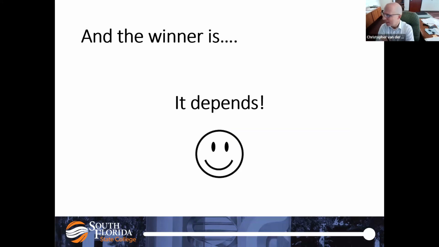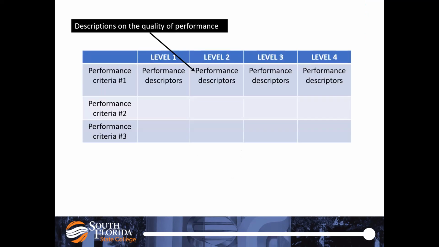But let me stop. Who uses one over the other? Does anyone here in particular use the holistic over the analytic, or a bit of both? I think it all depends. Chris, in medical assisting for their skills, their actual medical skills before they graduate, we've done a little combination of both because we're testing them and we actually have people come in and pretend to be patients with various diagnoses.